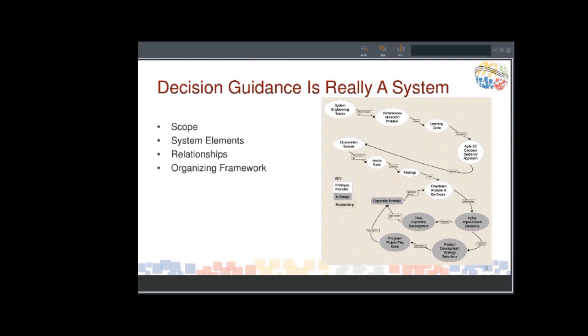Something has got to drive them to want to change. That usually kicks off some kind of learning cycle that may be productive or not. And it's that learning cycle that we're saying is really what's going to drive somebody to enter into looking at an agile systems engineering decision guidance approach.